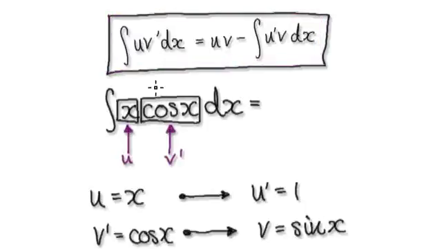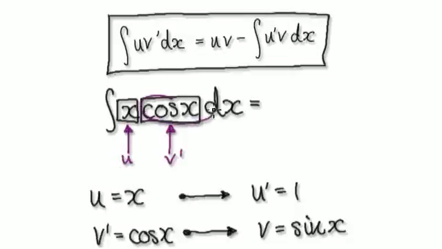So for example, we are letting u equals x, and we are letting v prime, that's this bit here, be cos of x. So now if u equals x, then if you differentiate it, u prime will be 1.